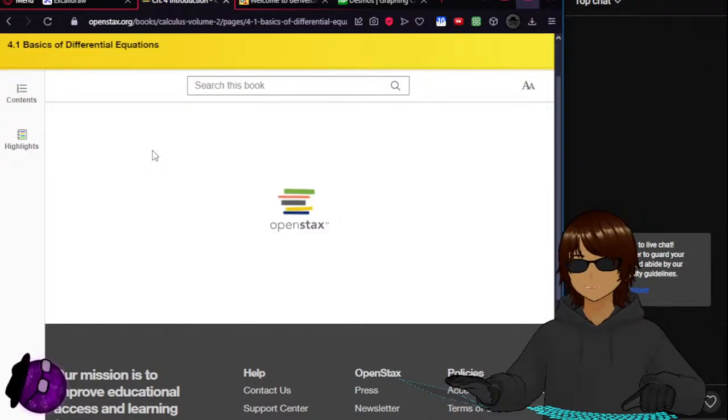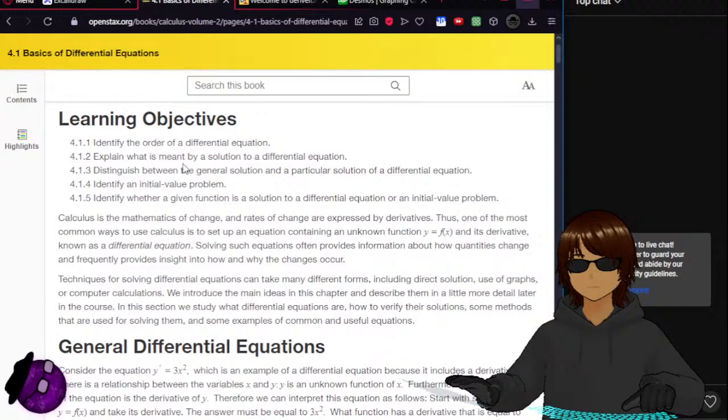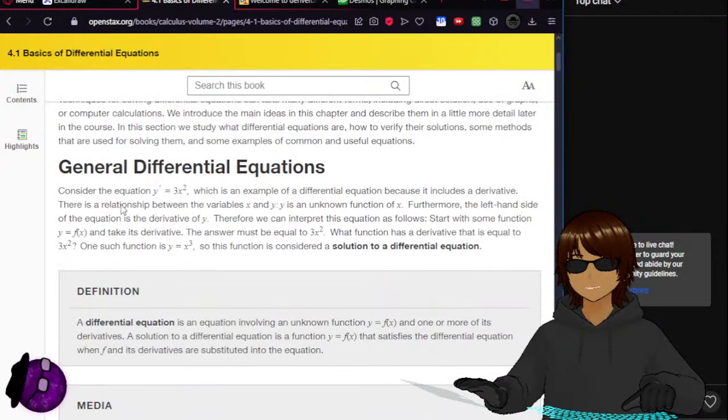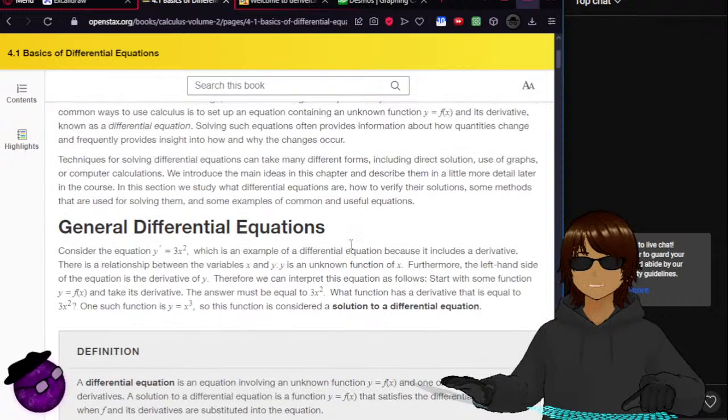If this opens, that is. Consider the equation derivative of y is 3x squared, which is an example of a differential equation because it includes a derivative.